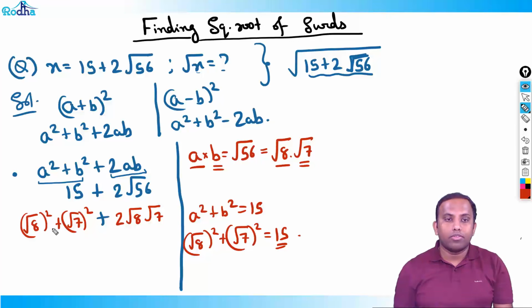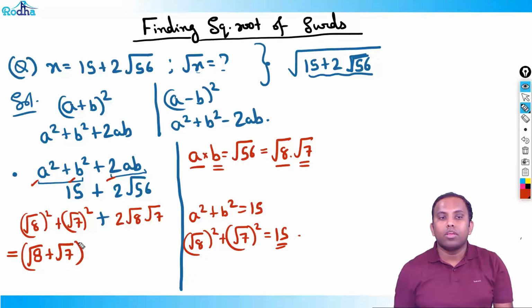It is confirmed now. 15 plus 2 root 56 is of the form a square plus b square plus 2ab, which is a plus b whole square. So it is root 8 plus root 7 whole square. So I have written 15 plus 2 root 56 as root 8 plus root 7 whole square.